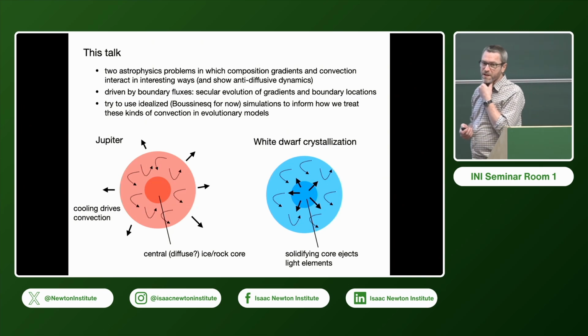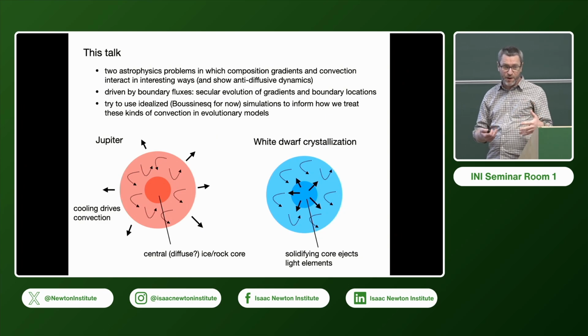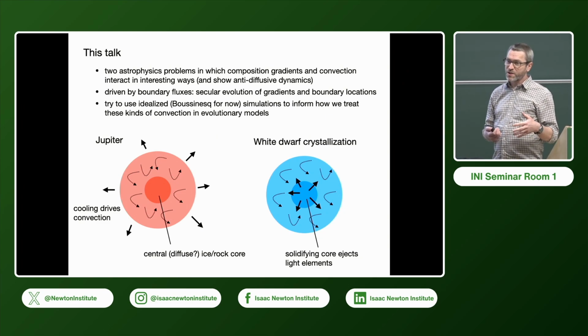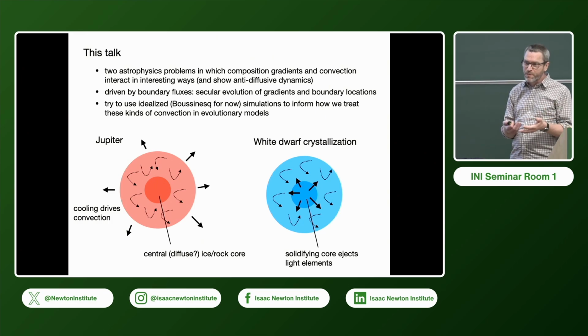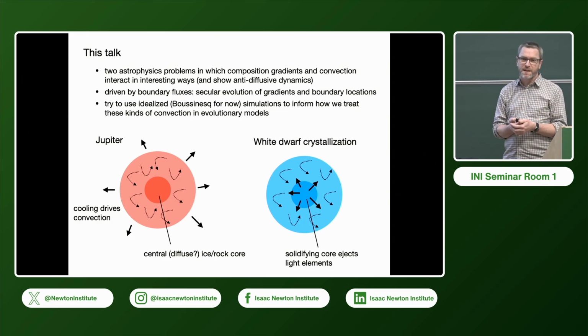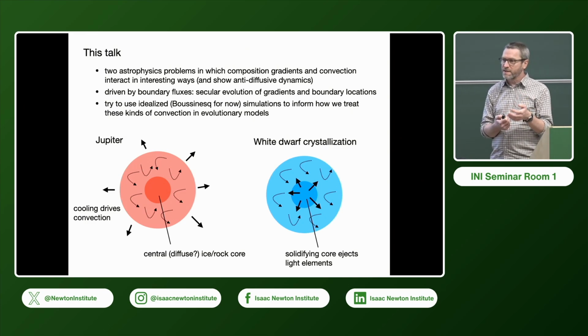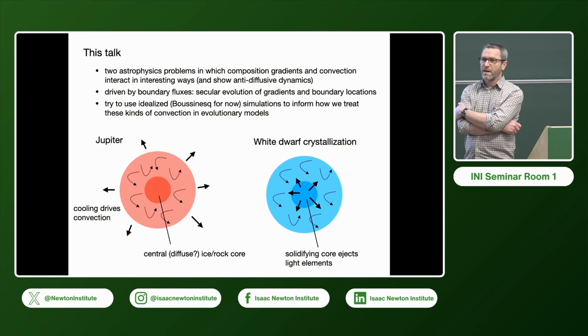In astrophysics, because we're trying to model observations, we want to evolve things over very long timescales. We're typically doing spherically symmetric one-dimensional models in which all the fluid processes are parameterized, or we have prescriptions. The classic example would be if I want to model convection in a star, I use mixing length theory, and I'll show you some mixing length theory later.